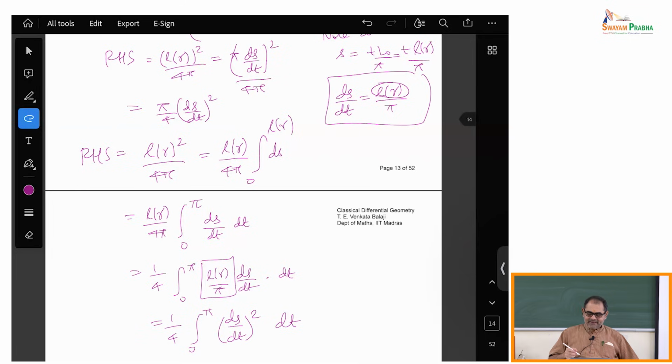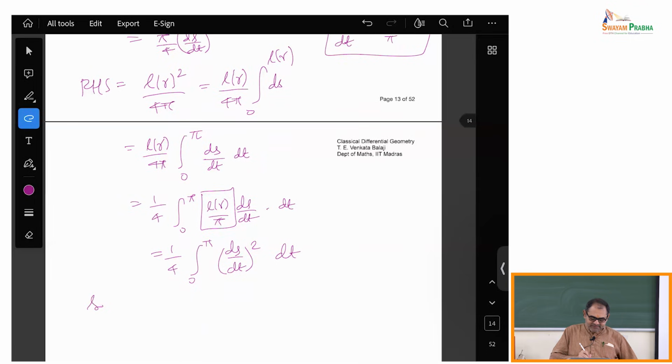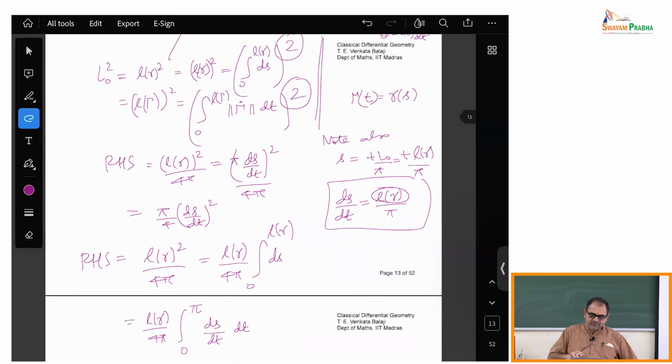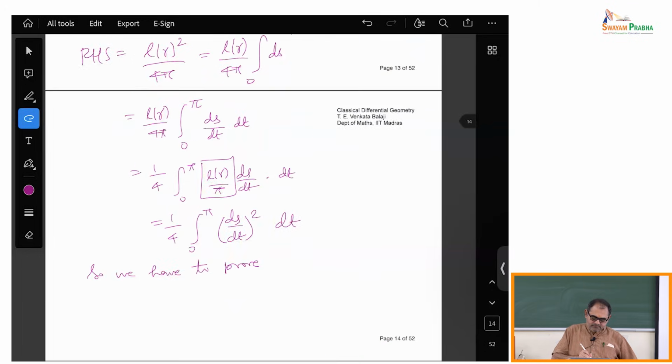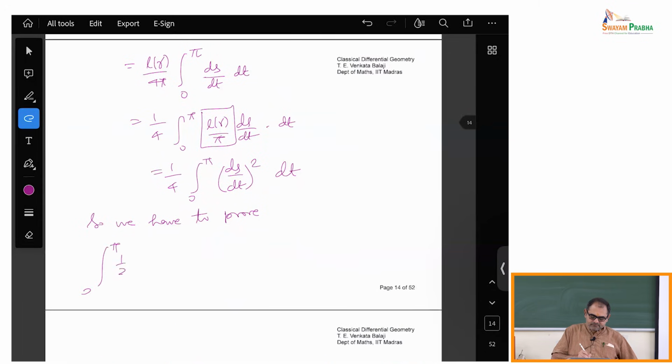But the trick is that I am able to get an integral on the right, which is what I want. So essentially we have to prove: on the left side, I have half the integral from 0 to pi of half r squared theta dot dt.